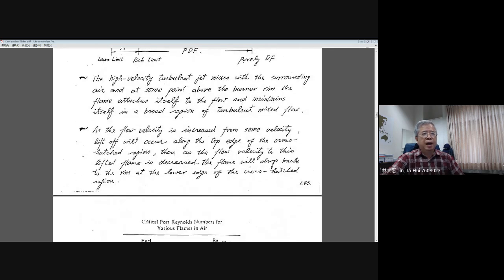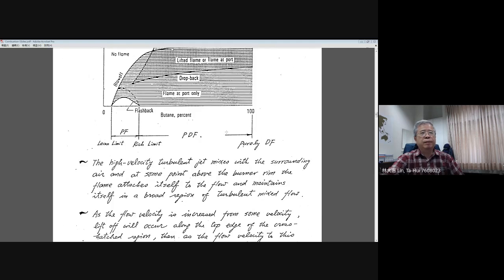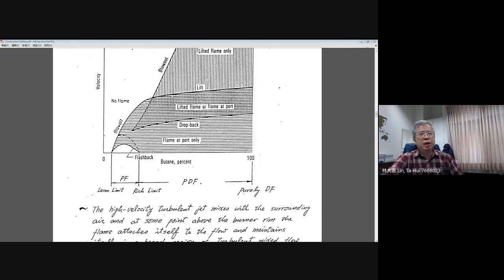But as the flow velocity from this lift-off is decreased, the flame will drop back to the ring at the lower edge of the cross-hatch region. Which means the flow velocity required for lift-off is different from the flow velocity required for drawback. They are different, and limited by this cross-hatch region.